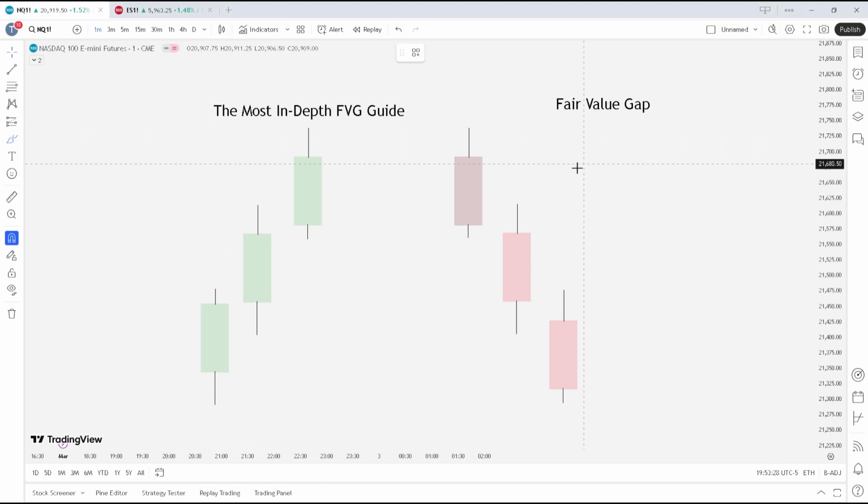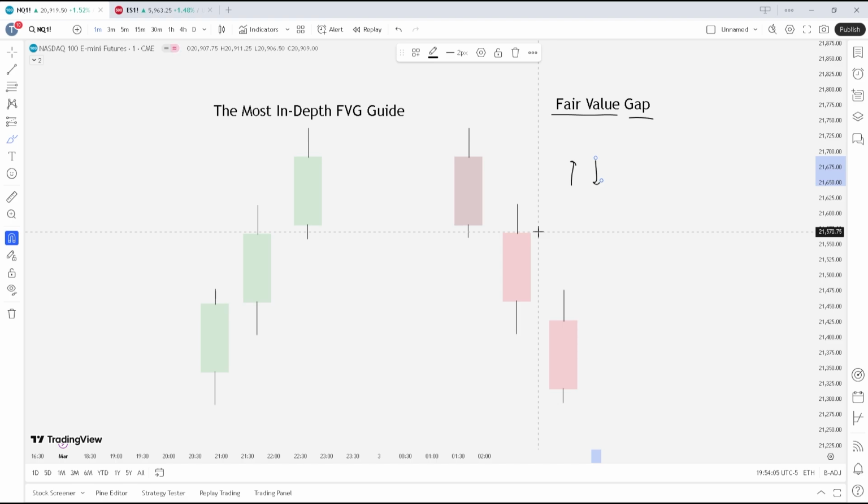So the fair value gap, if we just decompose this phrase, we can divide it into these two things: fair value and gap. So what does fair value mean? Fair value means that in the markets, when there is a buyer and a seller and the actual thing that you're trading, so in this case the Nasdaq, is at a fair value, both the buyers and the sellers are happy with the price and they both have similar demands to buy and sell.